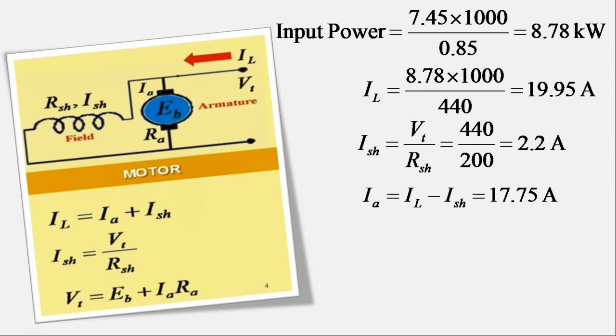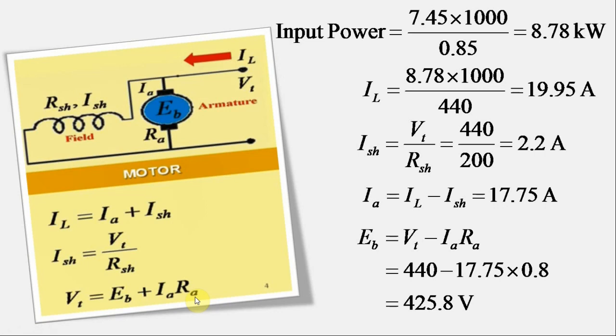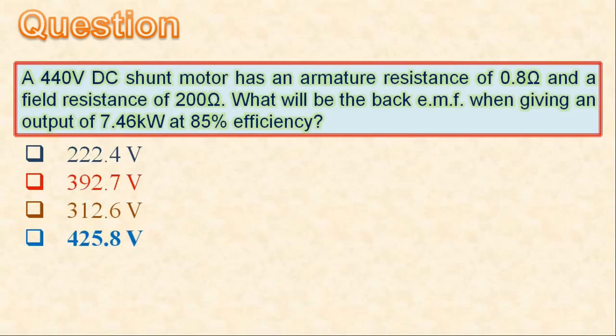Now, recall the current voltage relationship for DC shunt motor. We have back EMF Eb is equal to Vt minus Ia Ra. Substituting the values of Vt, Ia and Ra, we obtain the value of back EMF equal to 425.8 volt. Hence, the last option is the correct answer.